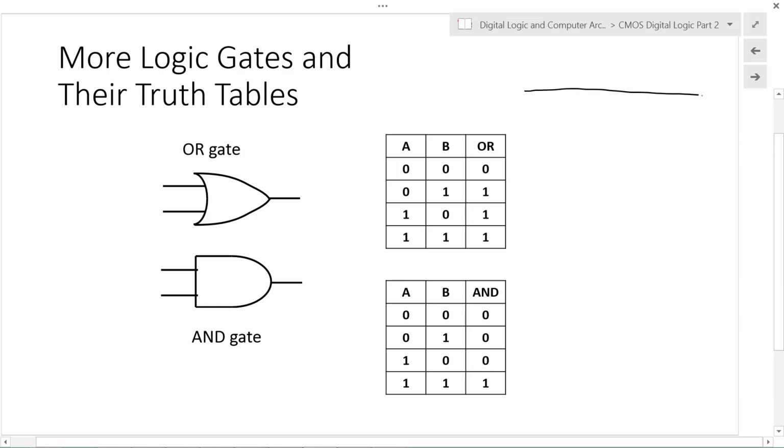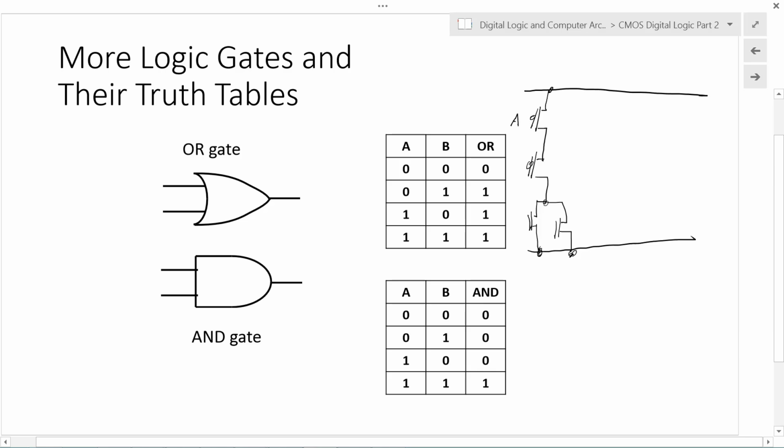Let's draw first a NOR gate, like so. So we have our NOR gate here.